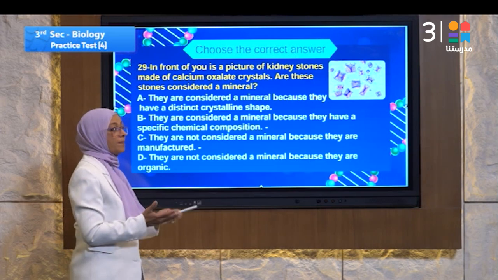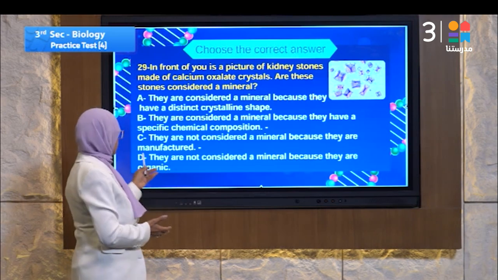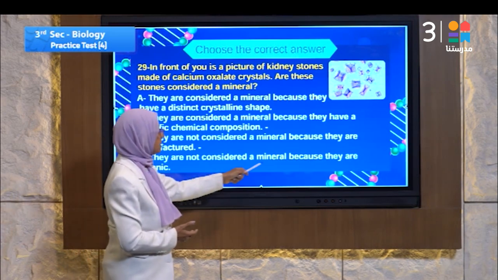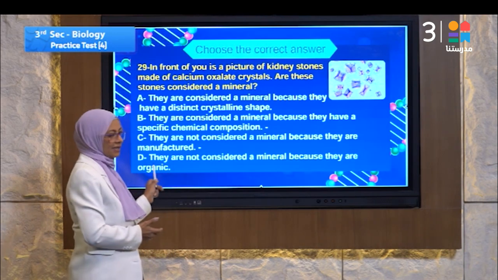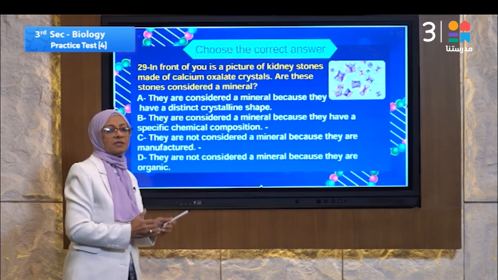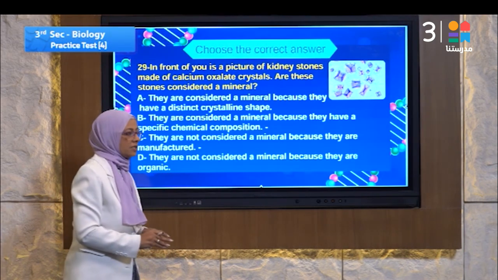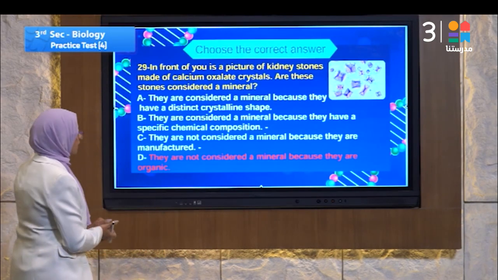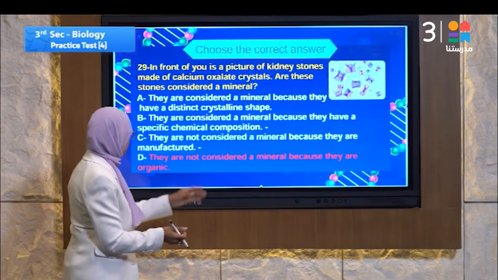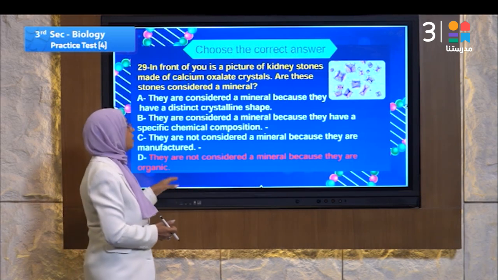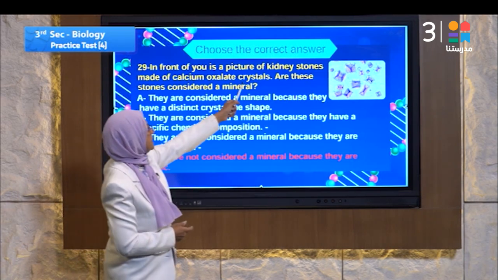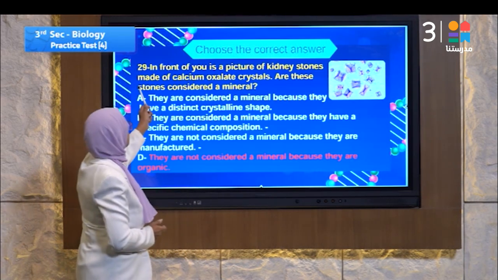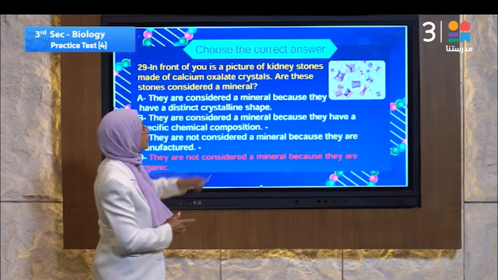They are made by. D, they are not considered a mineral because they are organic. Yes, that's it, organic. They are made inside the living organism's body, so the answer must be D. They are not considered a mineral because they are organic. They are made inside the kidney.